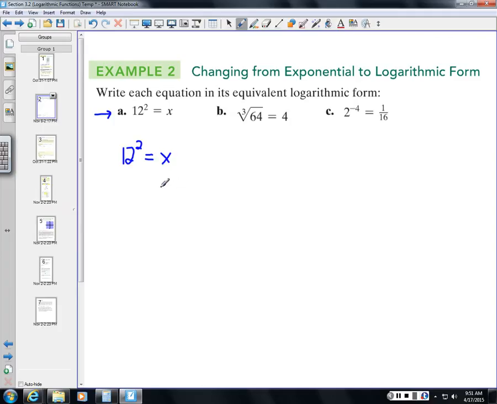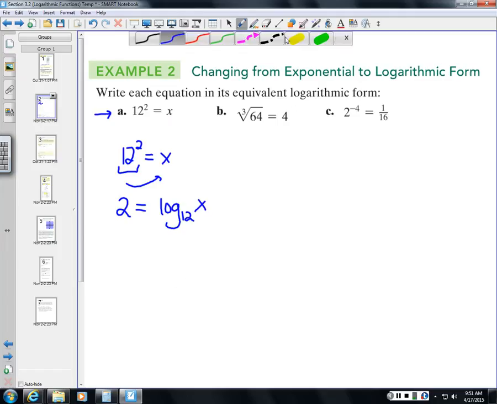If I convert that back into log form, remember all we did was take the base of the exponent and move it over. So this was left with 2 equals the 12 moved over to the other side to become the base of the log, and that's what we have. And we said that this is the same thing as that.